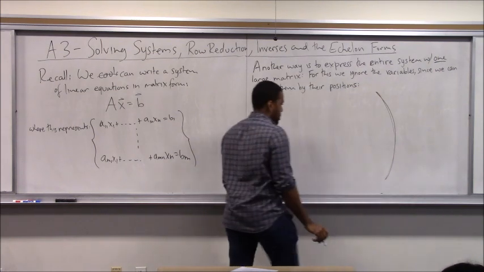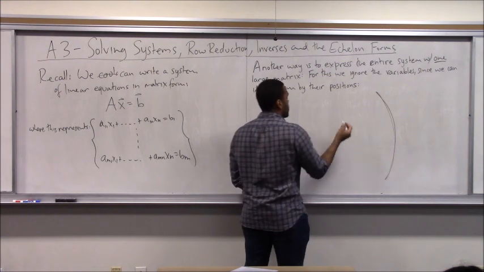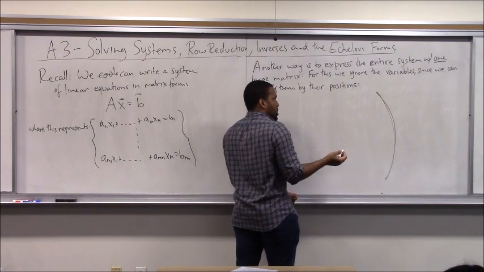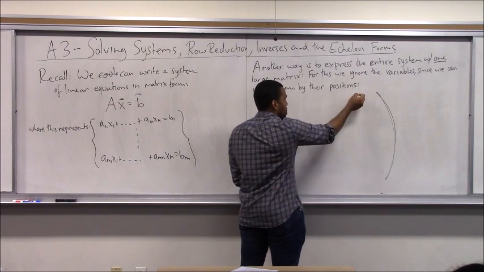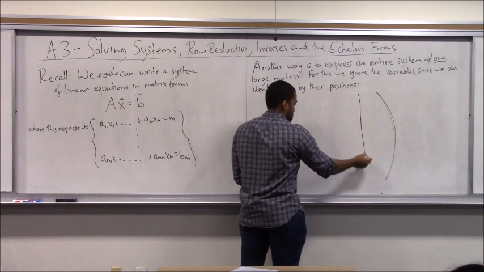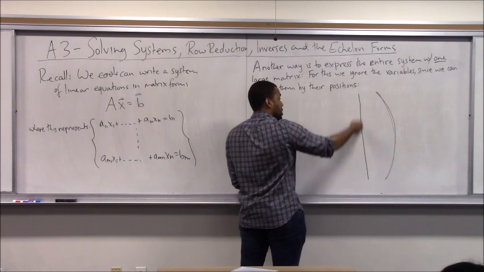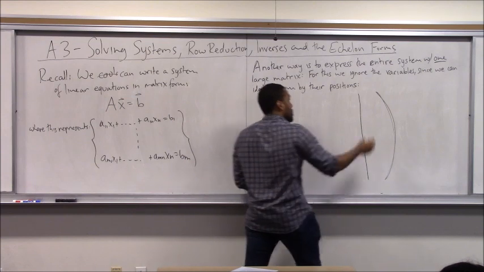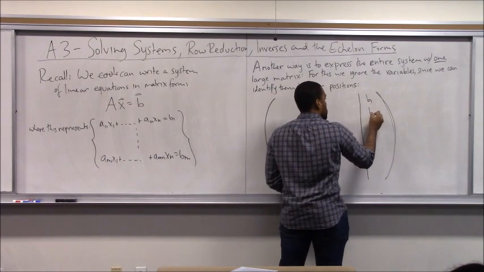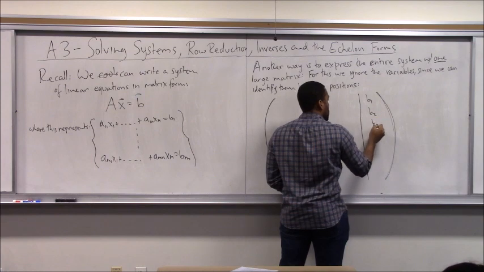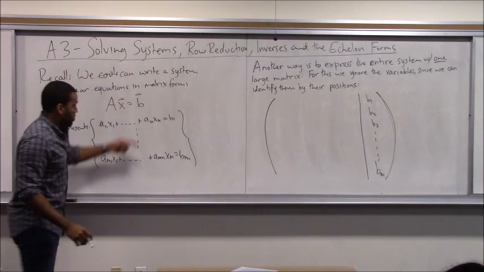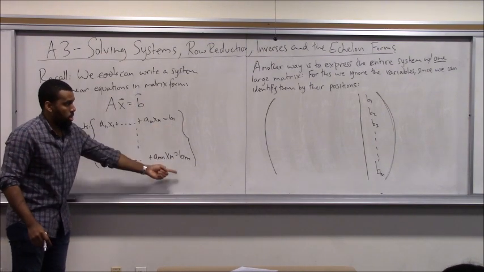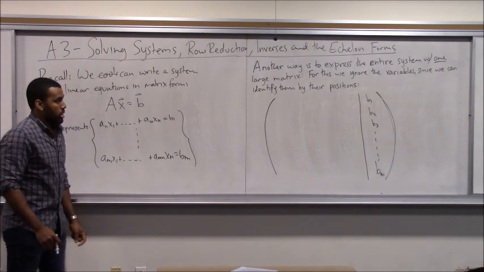Here's how the matrix is going to be created. First of all, your calculator isn't going to do this, but you as a human being would do this. You're going to draw a line on one side. This line represents where the equal sign is. So you would have a list of numbers over here representing these guys, the right side of the equation, representing the constant matrix.